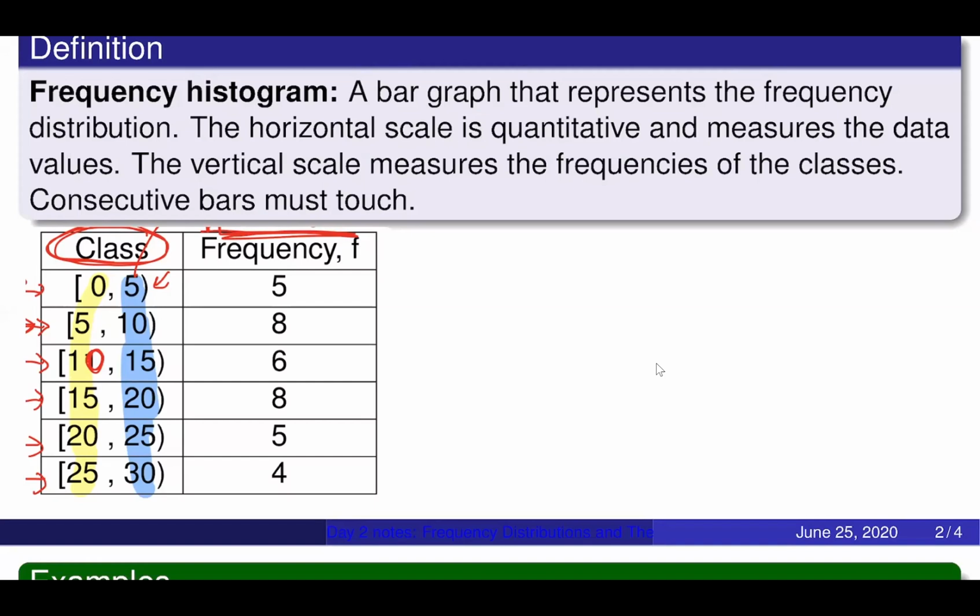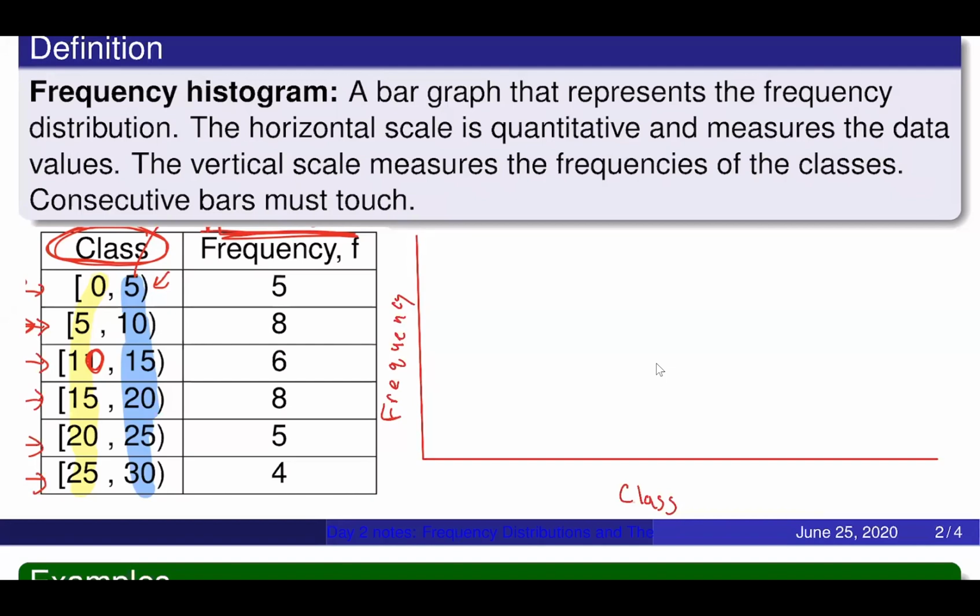So the frequency histogram is just a visualization of the frequency table. This is the way the frequency histogram is going to look. On the bottom, you're going to have your class. On the top, let me write this down horizontally, you're going to have your frequency. For the class, we're going to use the different intervals that we have. I'm going to use all of the lower class limits.